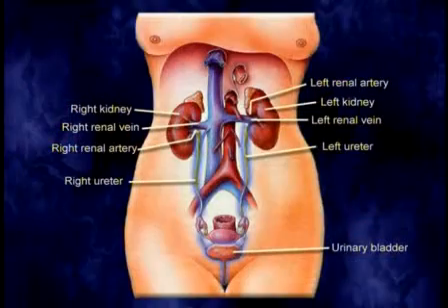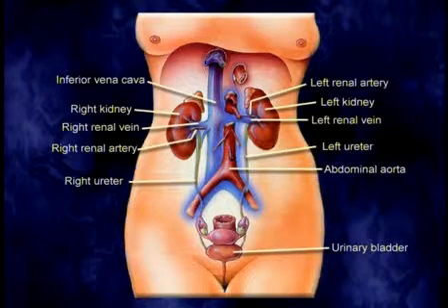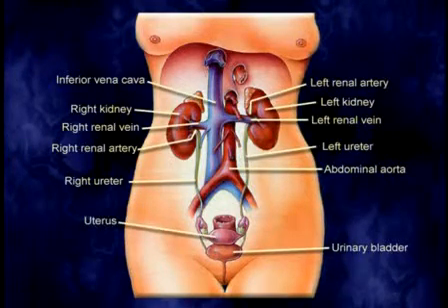Everything you see in this slide is behind the parietal peritoneum of the abdominal wall. The vena cava, the aorta, the kidneys, and all the way down to, but not including, in this case, the uterus, because as we remember, this is also where the rectum dives down to become a retroperitoneal organ.